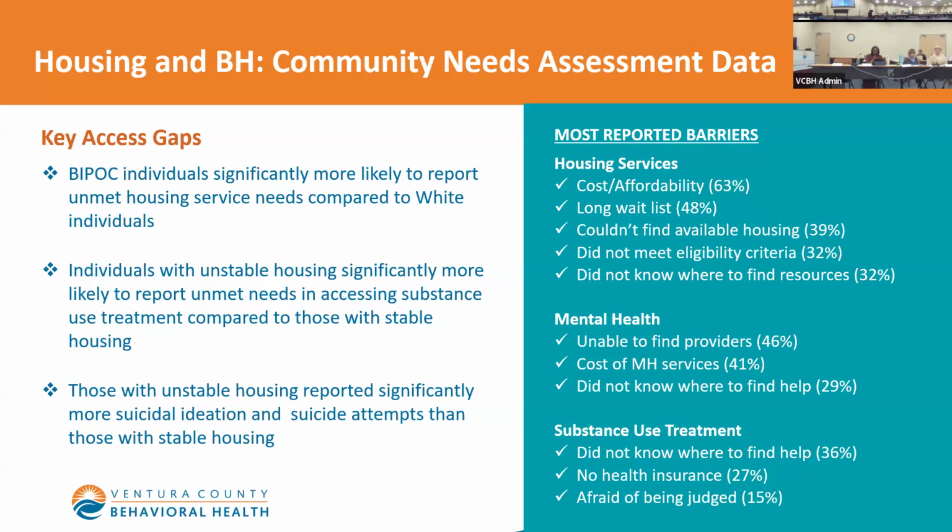Didn't meet the eligibility requirements, which are mostly income-based, 32. Didn't know where to find resources, 32. So we're pretty clear on what the barriers are. And we also know the barriers people face in getting access to mental health and substance use treatment. They're listed there in order of priority. So as we construct these solutions, we need to be able to change these numbers.